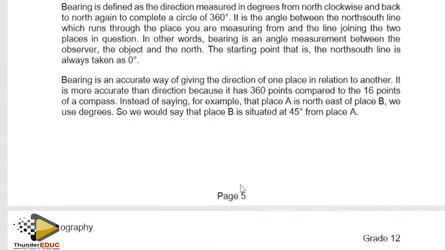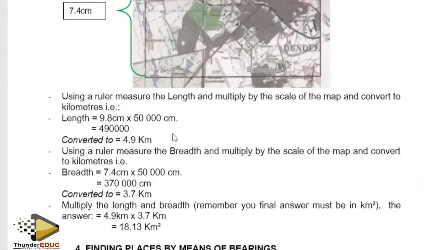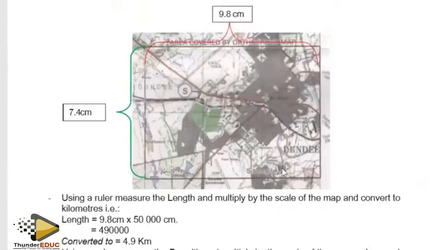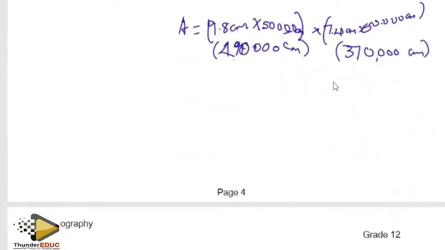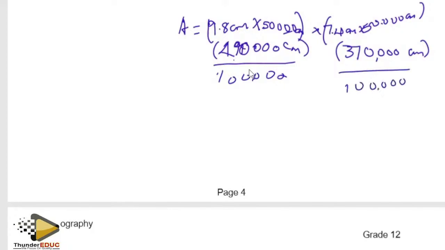But according to this, the question wants the answer in kilometers, okay? So because the question wants the answer in kilometers, I change the centimeters to kilometers. So that means this divided by 100,000, and you also divide by 100,000.